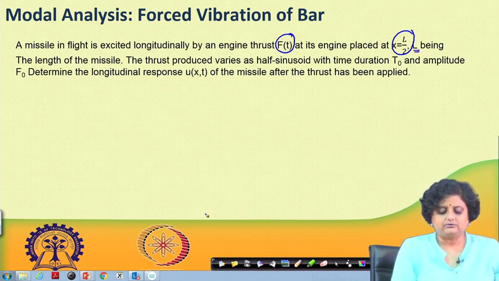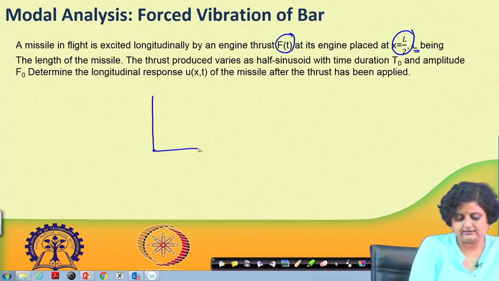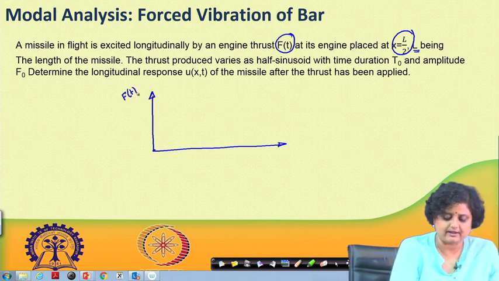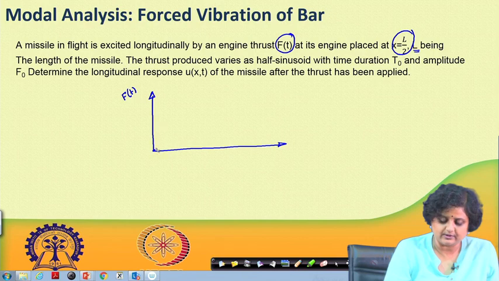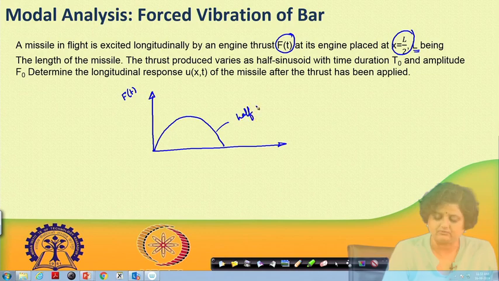Now, the thrust that is produced by the engine has the shape of a half sinusoid in time. So, the time variation of the thrust is going to look something like this. If this is the thrust force Ft, this is going to be a half period of a sinusoid.